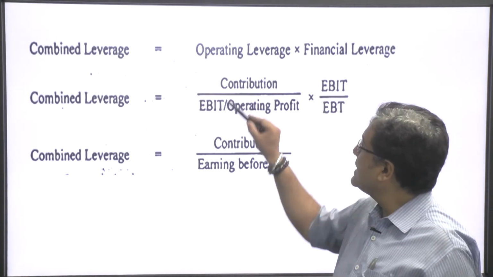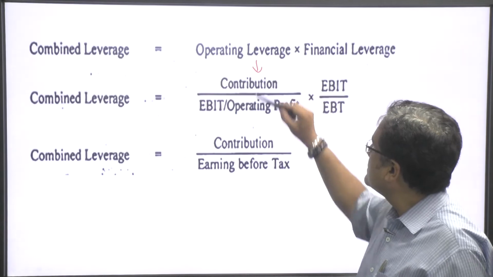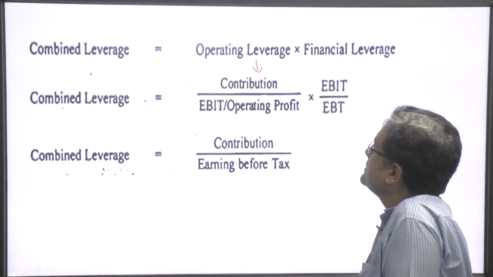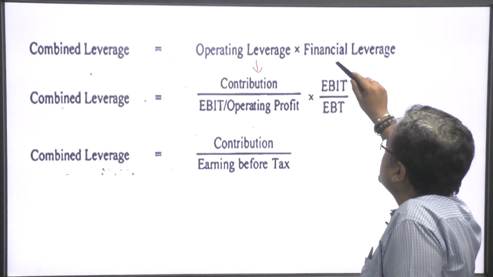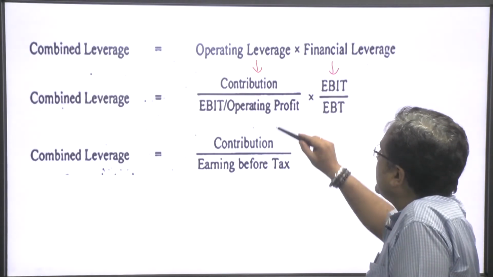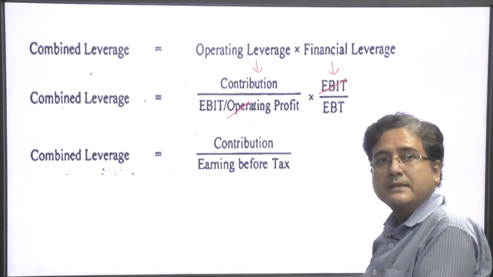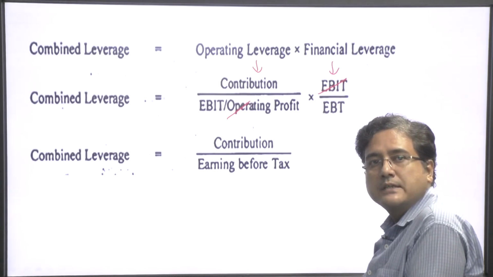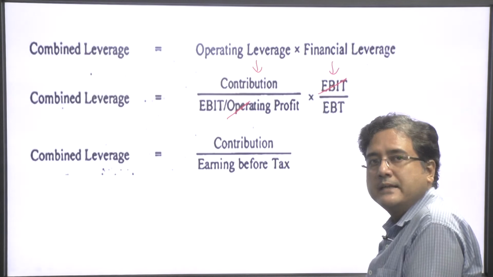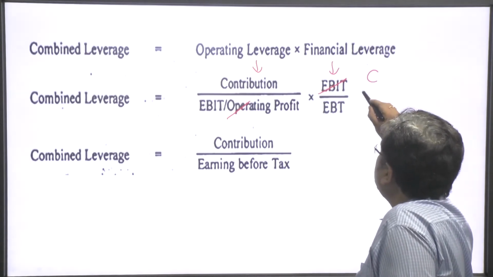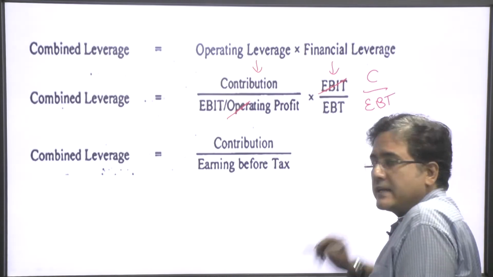So, operating leverage is here, and financial leverage is this one. When we cancel EBIT and EBIT by the mathematical equation, we receive C divided by EBT, earning before tax.